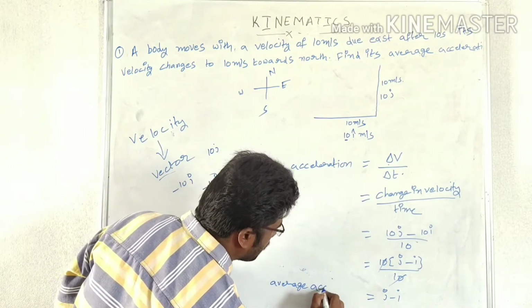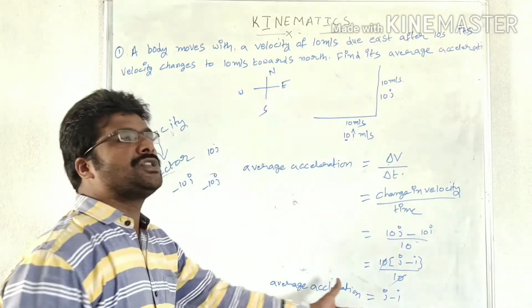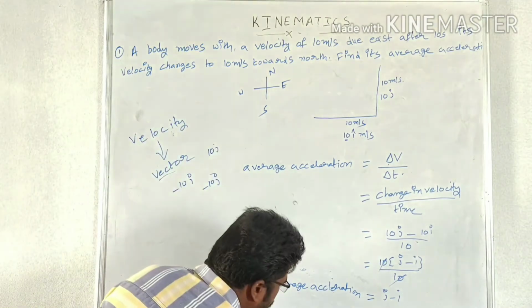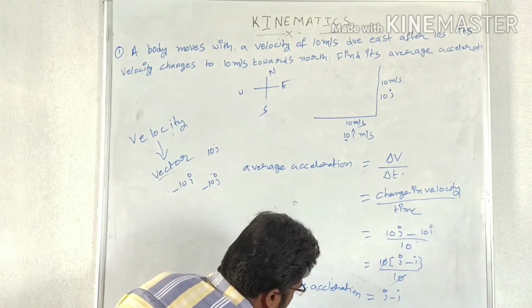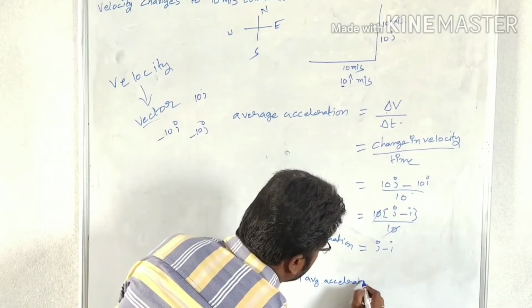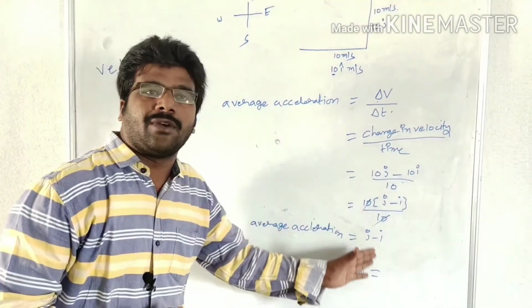But we are going to calculate the magnitude of this average acceleration. How to calculate the magnitude for a given vector?